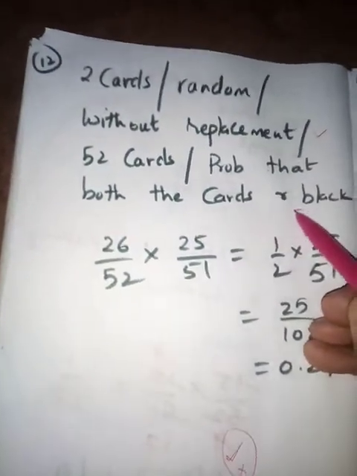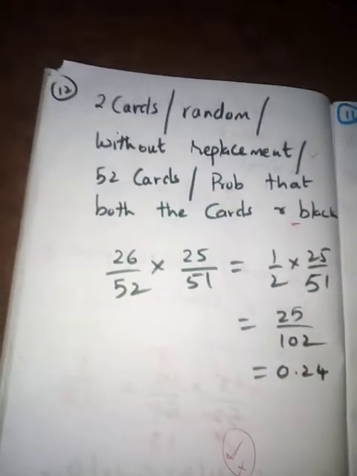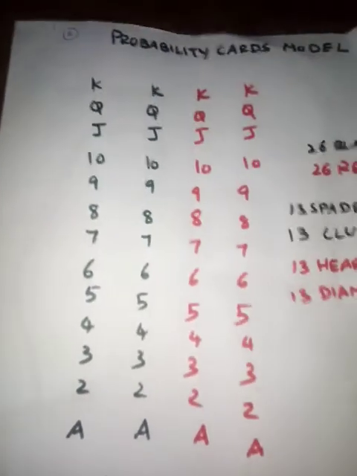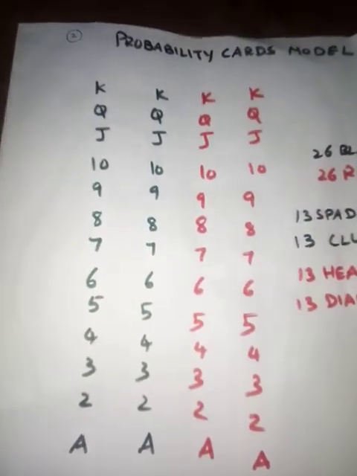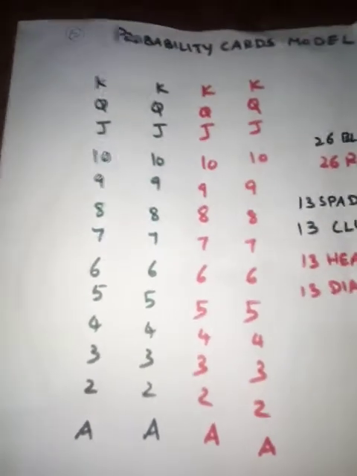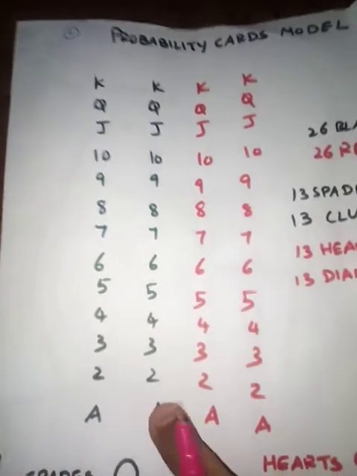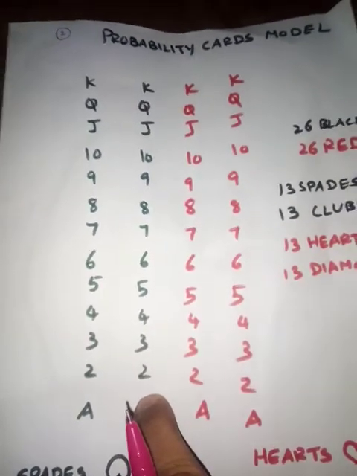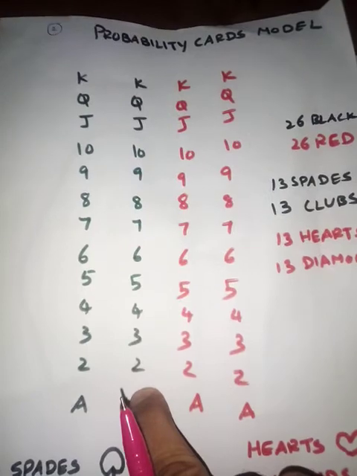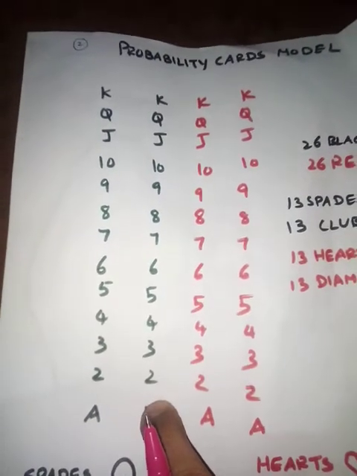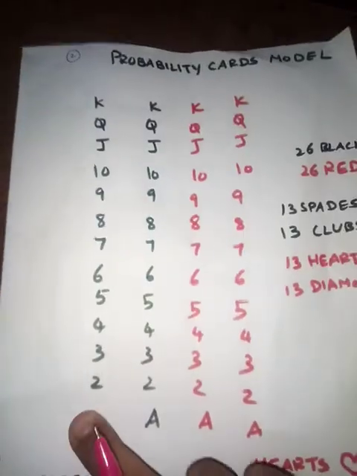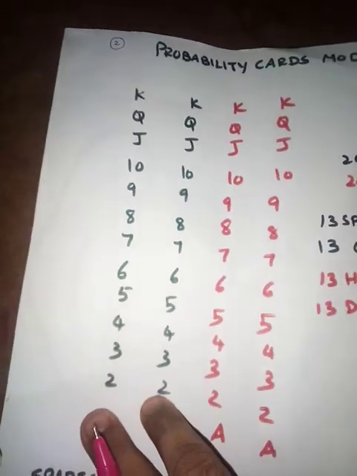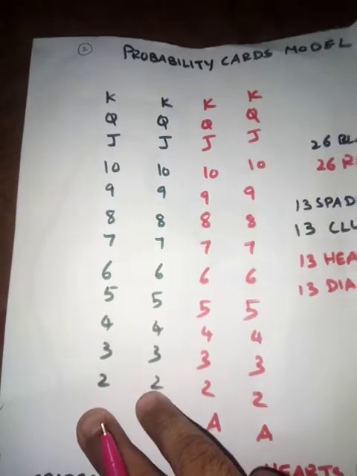So what is the probability that both cards are black? Let me show the diagram once. There are 26 black cards. Without replacement means once I've taken this card, I cannot put it back. So out of 52, I have only 51 again, and out of this 51 I have to take one more card. We only need black cards, we are not interested in red cards here.